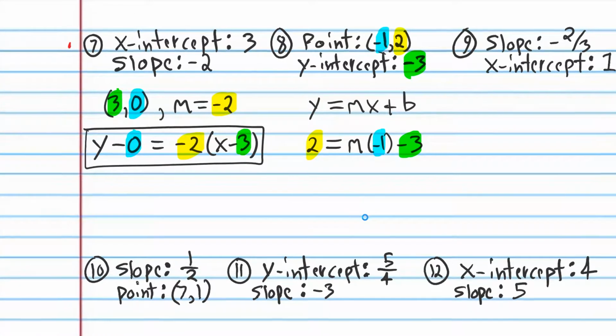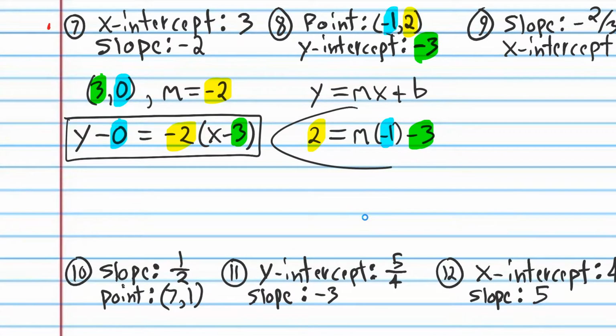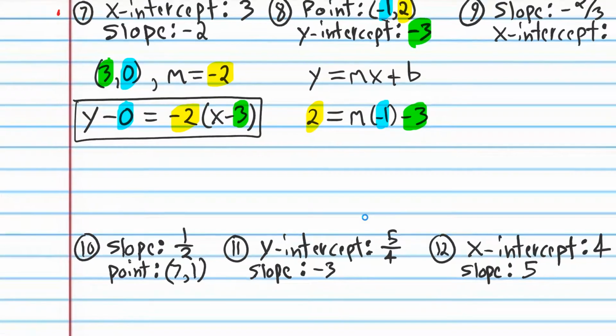So now I just have to solve for m to find the slope. And by the way, I'm kind of rushing through that, but if you multiply m times -1, you get -m minus 3. But I just don't really have a lot of room to do that. But again, this is just a simple pre-algebra equation. If you're having trouble doing that, then you should go back to my pre-algebra course.